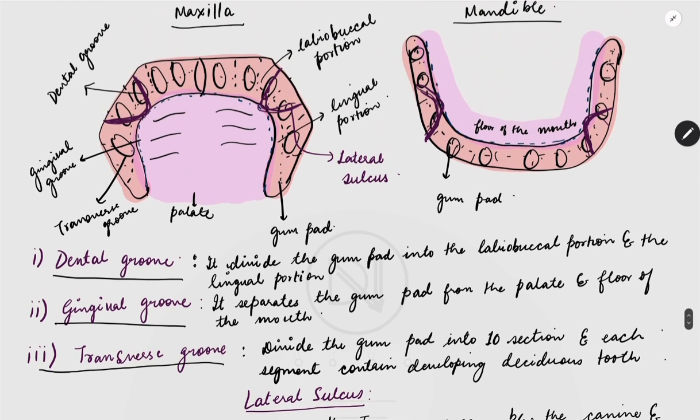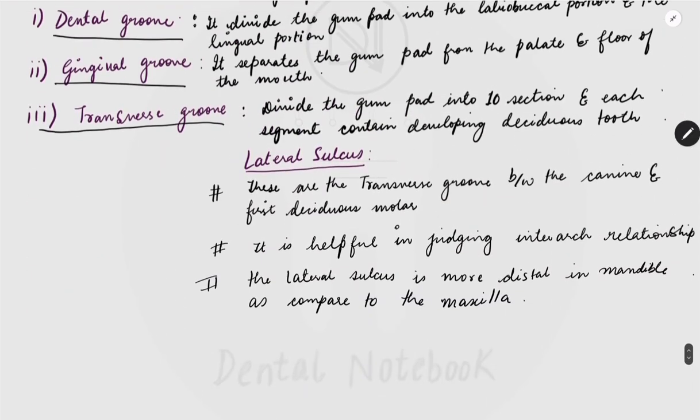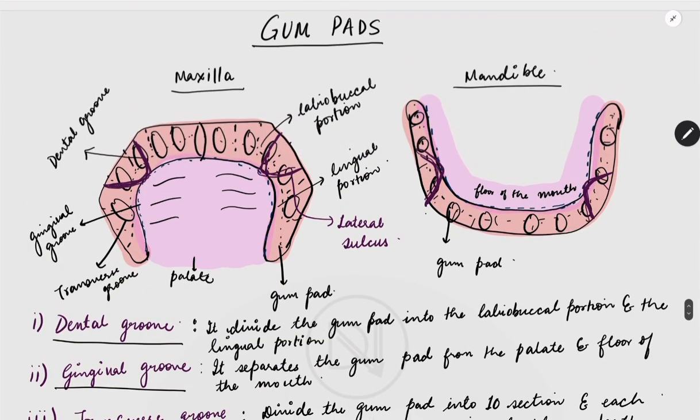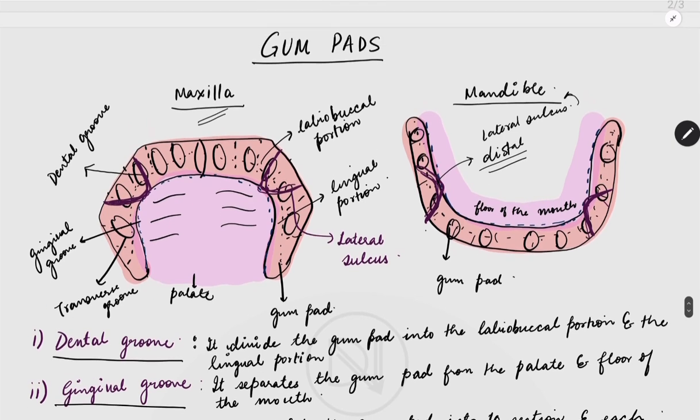So here, this is your lateral sulcus of the maxilla, this is your lateral sulcus of the mandible, and you can see that the mandibular one will be more distal. The lateral sulcus of the mandible will be more distal as compared to the maxilla. Okay, so this is all about the gum pads.